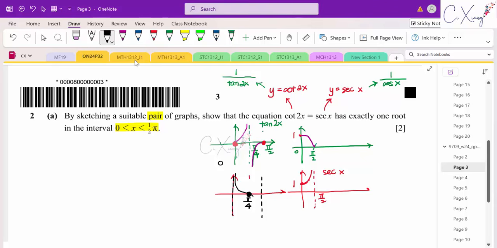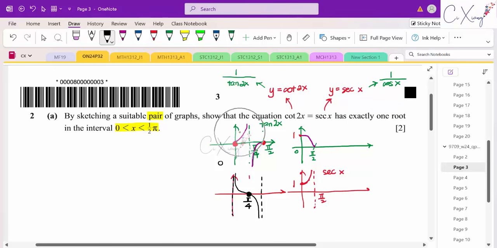Okay? Then from maximum infinity to 0, then to negative infinity. So how do I know that the graph here starts from maximum infinity? It is because on the original graph, the tangent 2x, in the first part here, it is at the positive part. So when you take 1 divided by any positive value, it is still a positive value. Therefore, it comes from positive infinity. Then this one, it is below the x-axis.